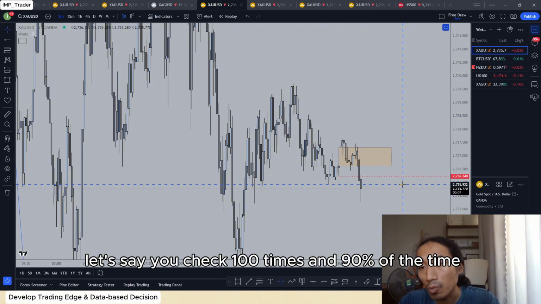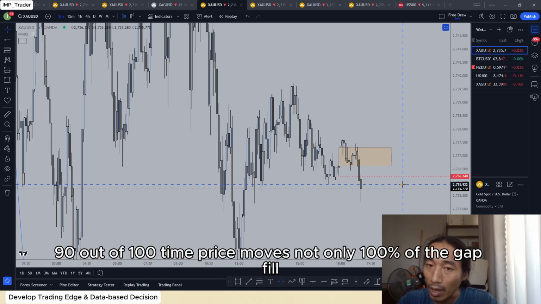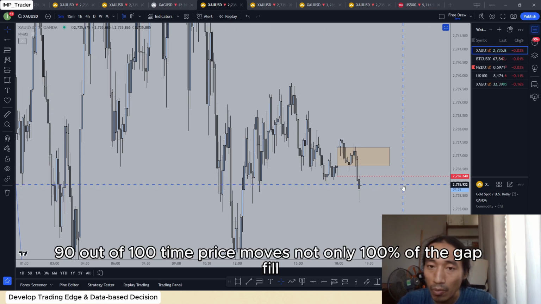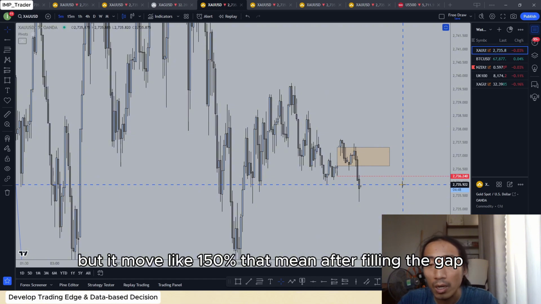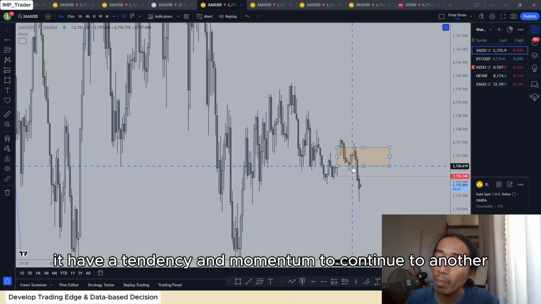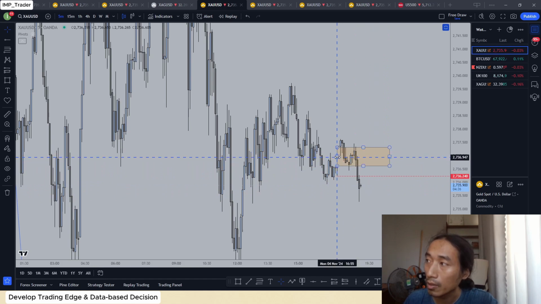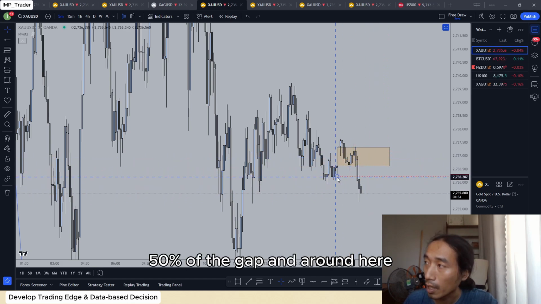Let's say you check 100 times, and just as an example, 90 out of 100 times price moves not only 100% of the gap fill, but about 150%. That means after filling the gap, it has a tendency and momentum to continue another 50% of the gap, around here.